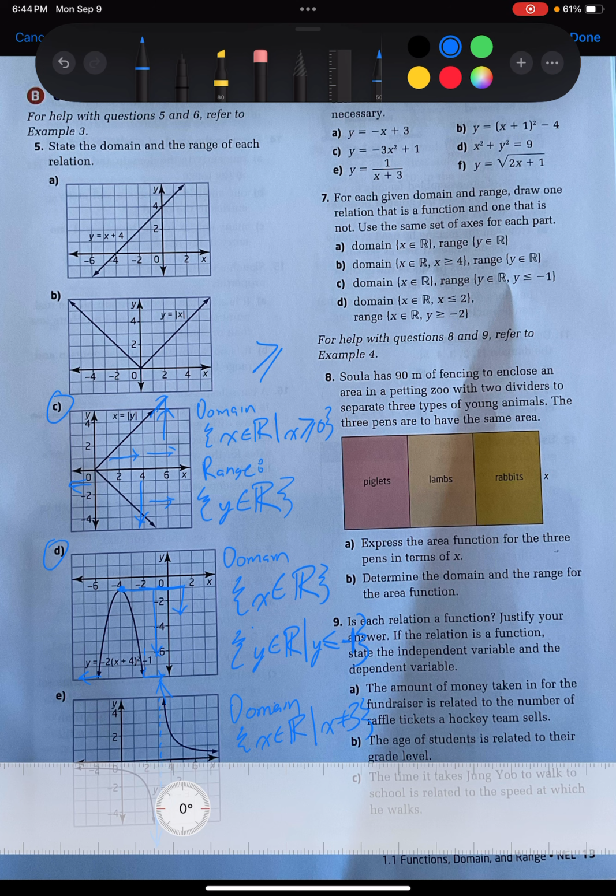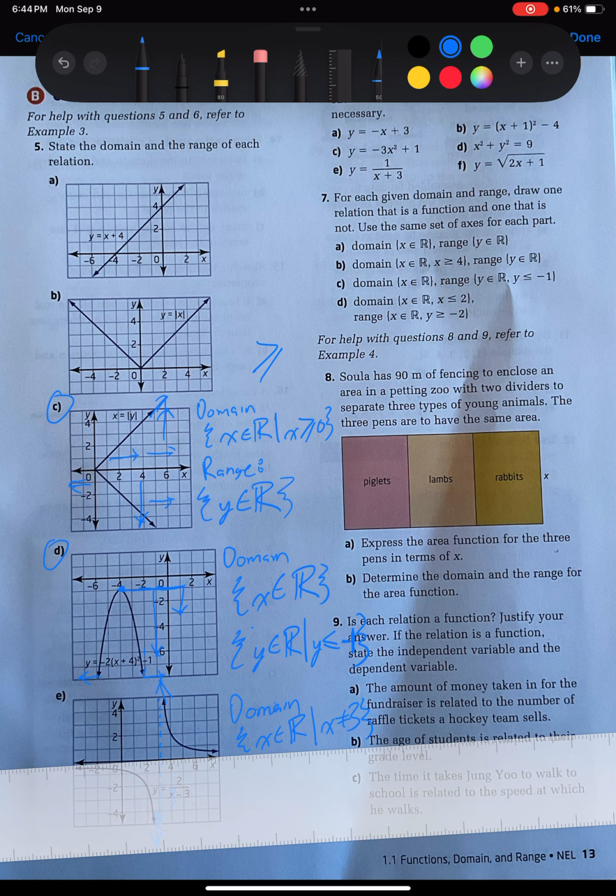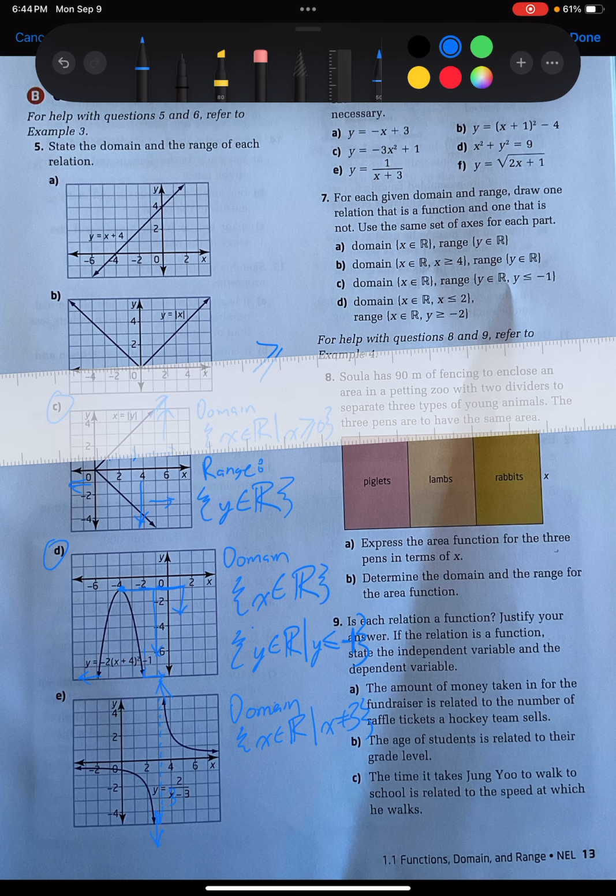Not unfortunately, it just so happens to be the case that y cannot equal 0. That's another asymptote. And if we look at the graph, ask yourself, what value of x can make this 0? And the answer is nothing until it gets to infinity. That basically, if we divide 2 by a really, really, really big number, we'll get smaller and smaller y values, but it will never equal 0.